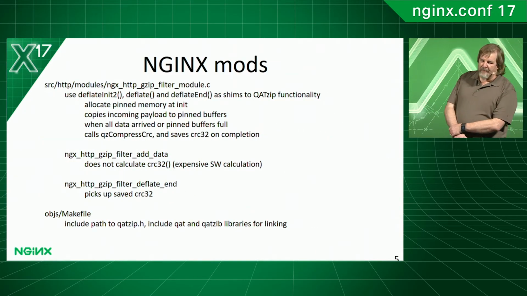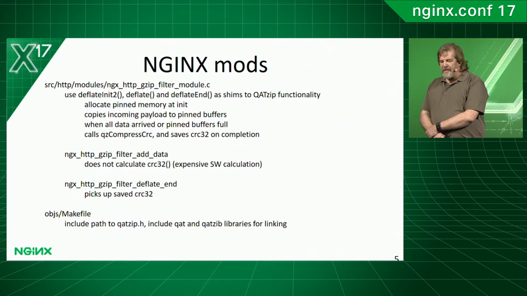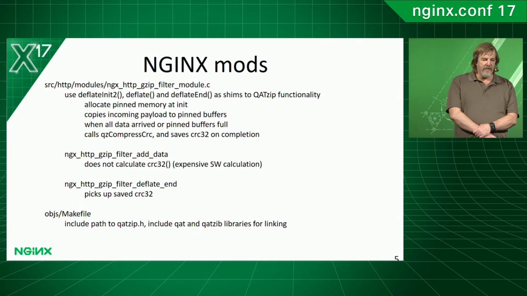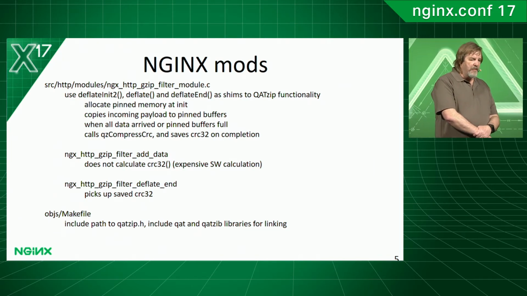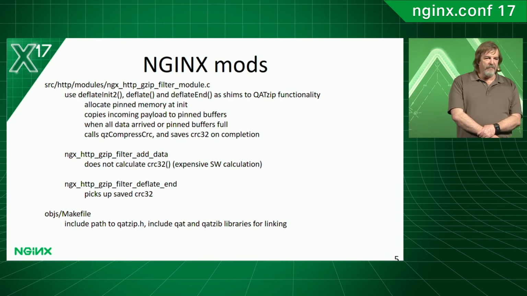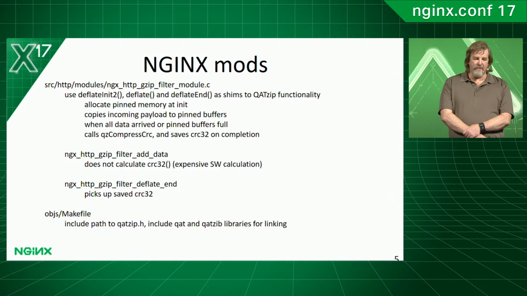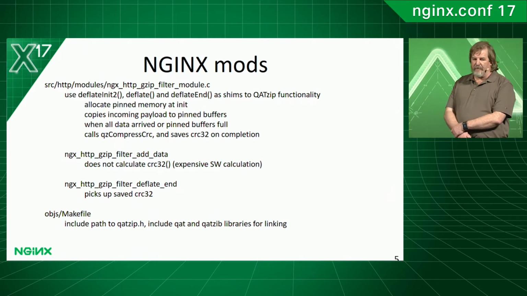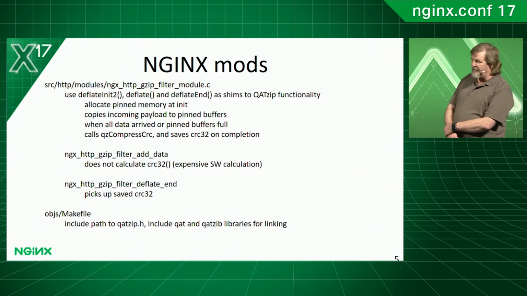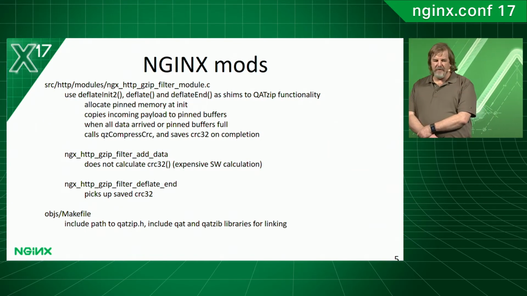Okay, so what do we have to do to NGINX to make this work? When we did this, the first thing that we noticed was that, as we expected, the deflate calls were chewing up a bunch of CPU cycles if data compression was enabled. So the first thing that we did is we replaced the calls to deflate init, deflate, and deflate end with equivalent calls, or we shimmed them into the QATzip library.